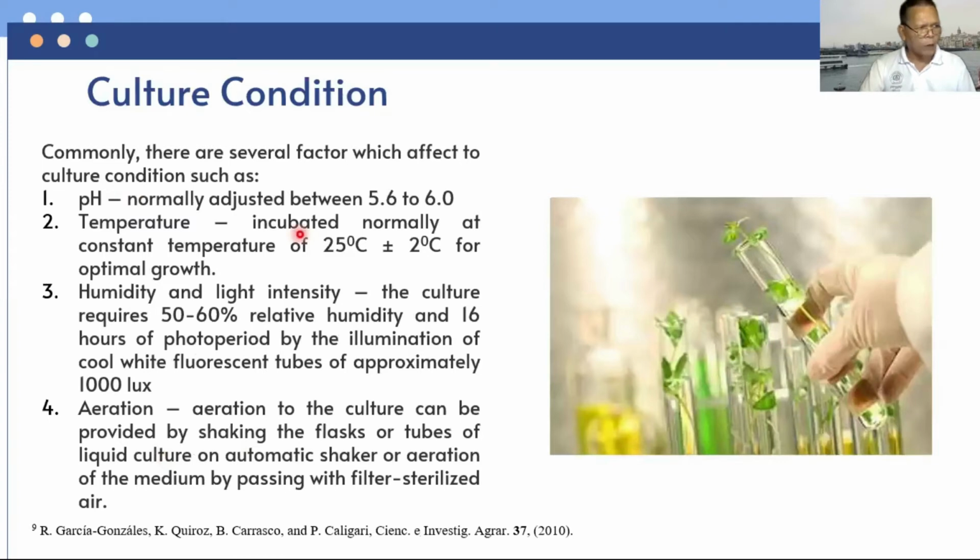The third is humidity and light intensity. The culture requires 50 up to 60% relative humidity and 16 hours of photoperiod by illumination of cool white fluorescent tubes of approximately 1000 lux. The last, aeration.